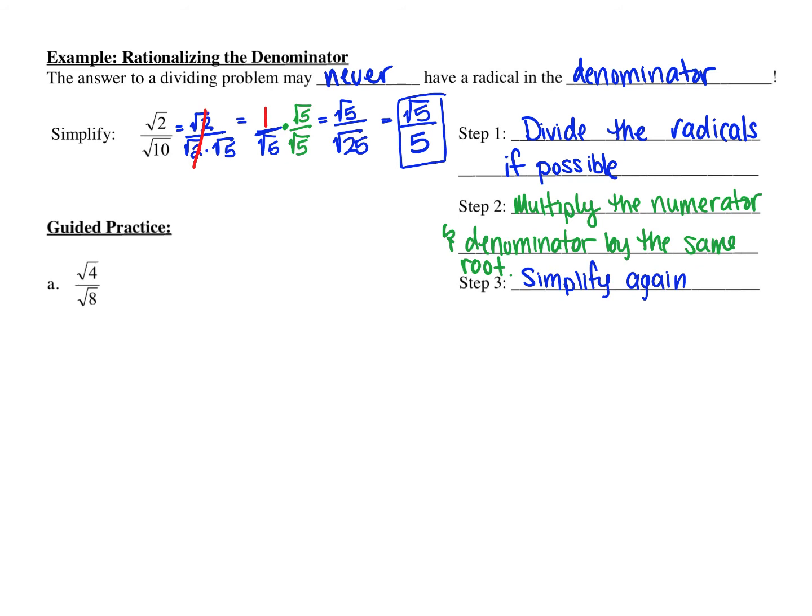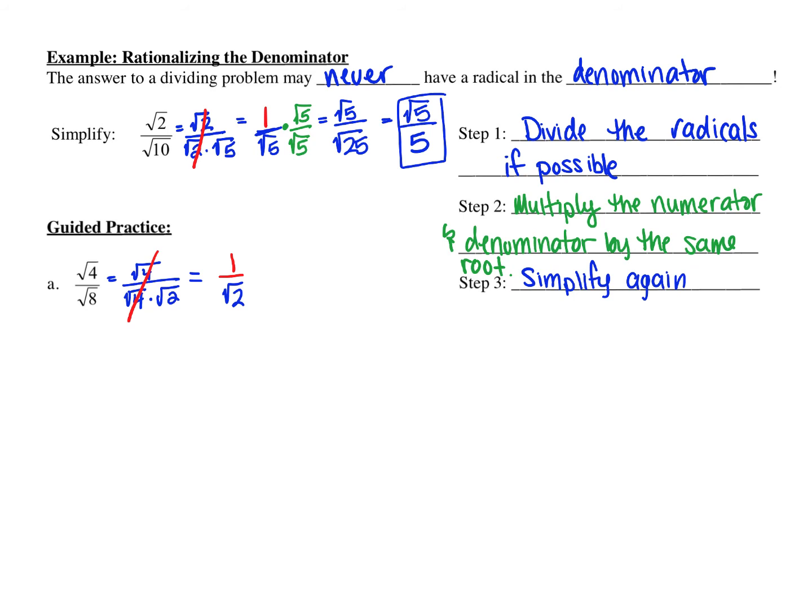Okay, so let's try another example. Let's do this root 4 over root 8. So when you simplify this, there's a root 4 hidden in the root 8, right? So 8 is going to be root 4 times root 2. So I can get rid of those root 4's. That'll leave me with 1 on top and root 2 on bottom.